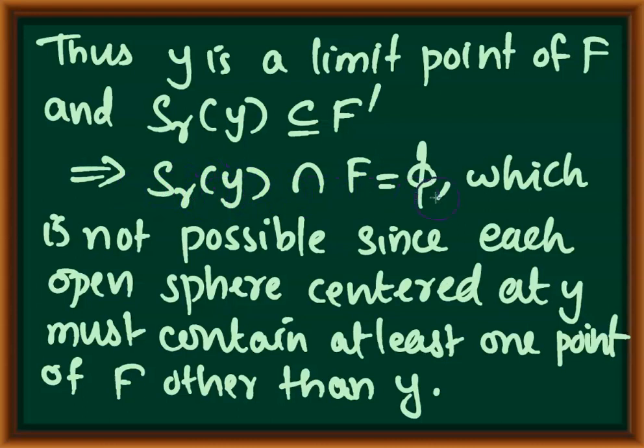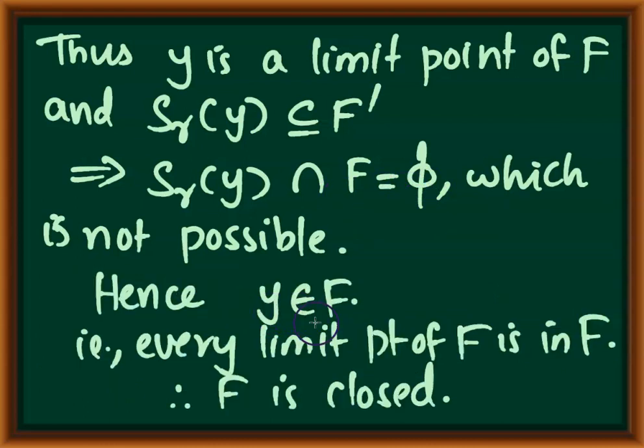But here we have obtained that the intersection is empty. So this must be a contradiction. Hence, y must belong to F. So every limit point of F belongs to F itself, and we can conclude that F is closed.